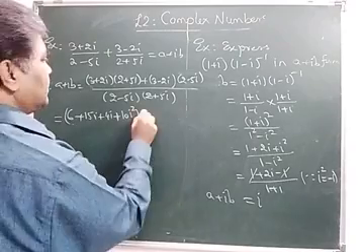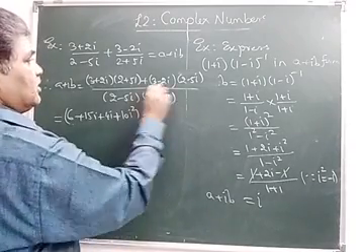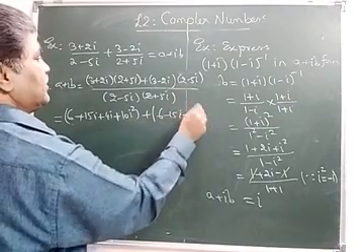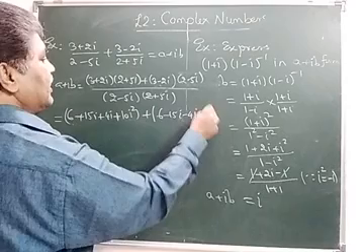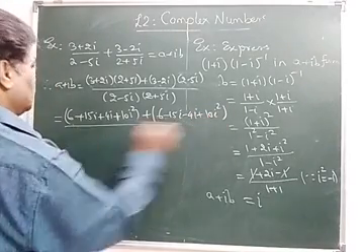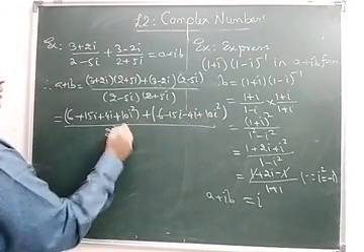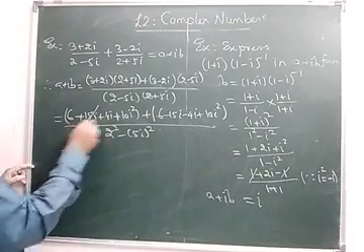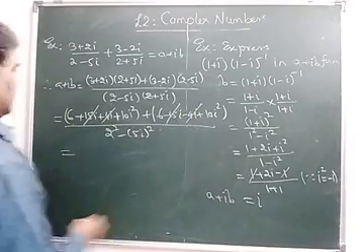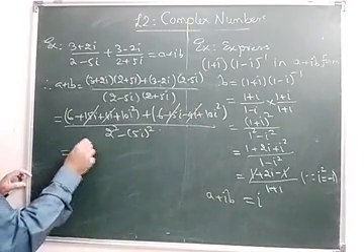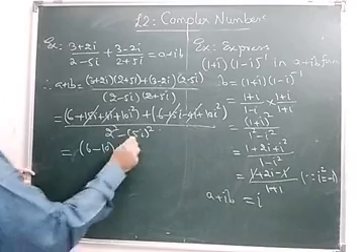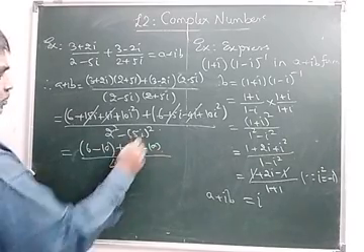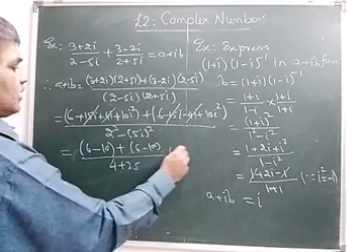Okay, plus 3 into 2, 6, 3 into minus 5, minus 15i, minus 4i, minus into minus, again 10i square, upon 2 square minus 5i whole square. Then the 15i and 4i get cancelled, and we get 6 minus 10 plus 6 minus 10 upon 2 square, which is 4 plus 25, since i square is minus 1.